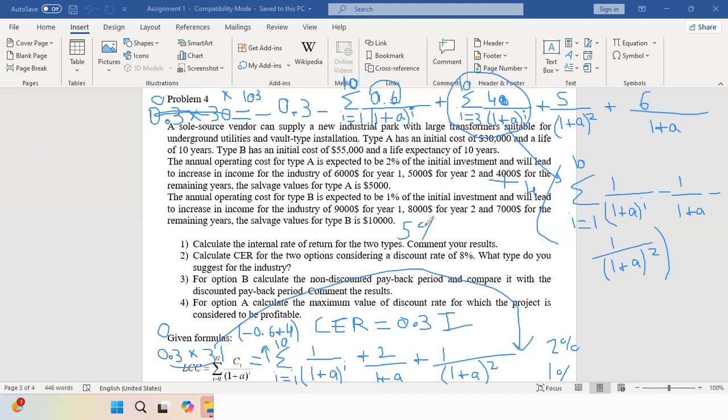So you can try, for example, 7%, which will give you a negative value. Then the IRR is in between, so you can evaluate at 6%. Then you can do a linear interpolation between 6 and 7. If you get a positive result for 6 and a negative result for 7, you can do a linear interpolation between 6 and 7 for the IRR.